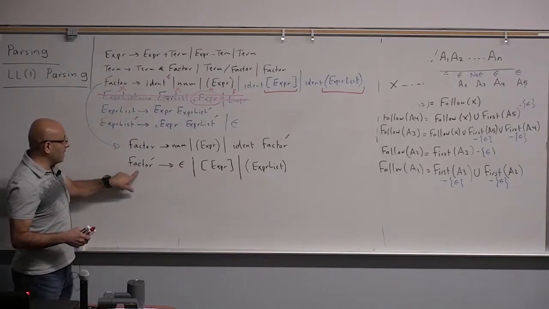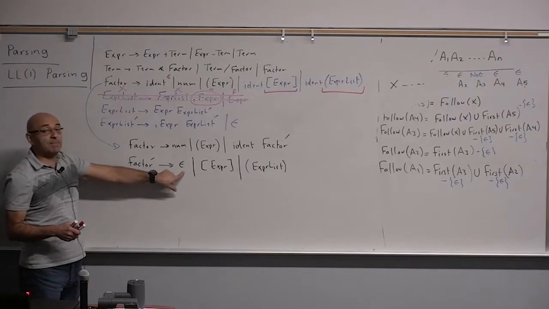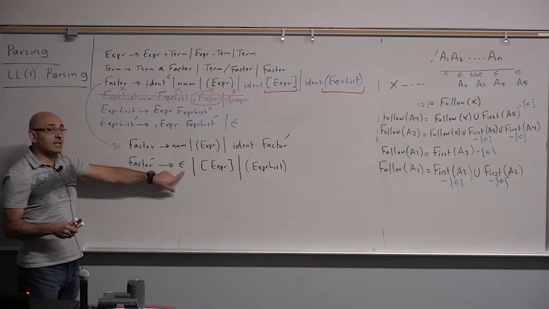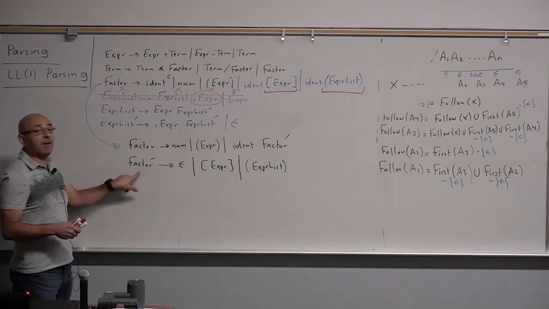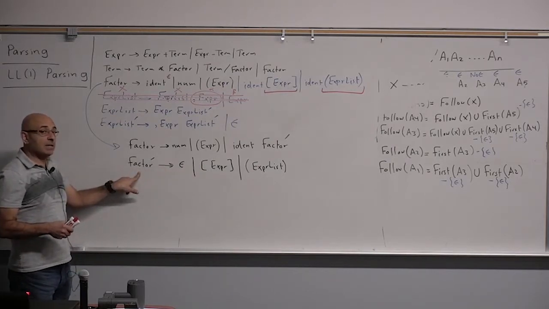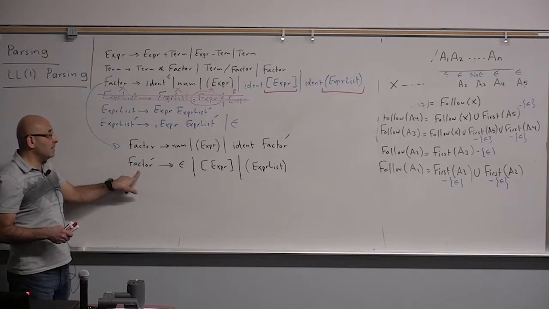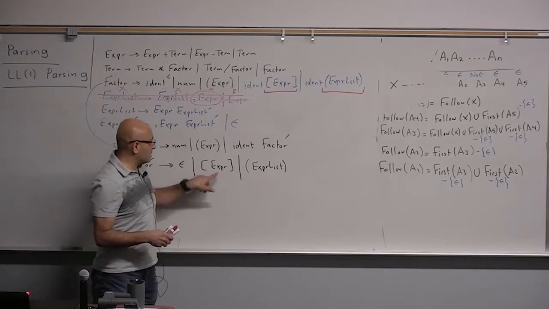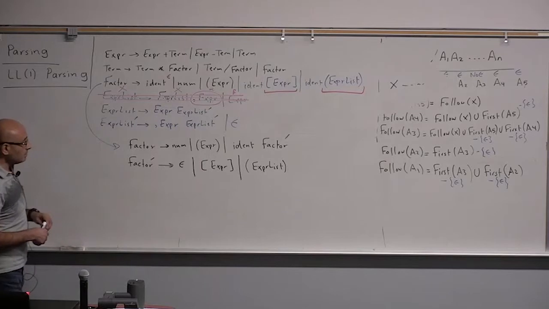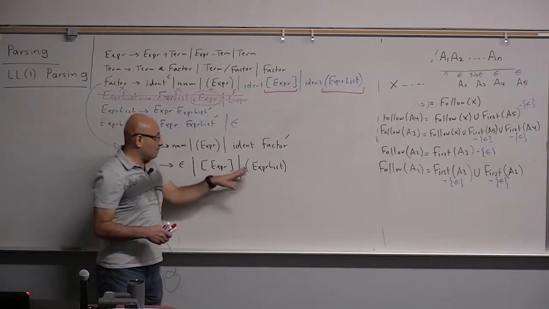If the follow of factor prime, because this is an epsilon, it has an epsilon in its first set. So the first plus of this is going to be the follow of factor prime. So as long as the follow of factor prime does not have this or this, then there is no common factor.